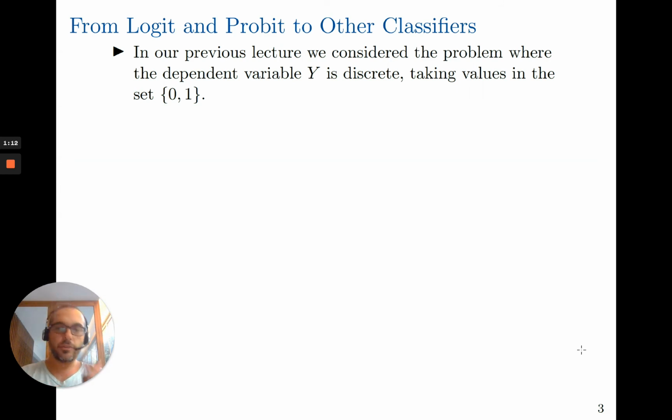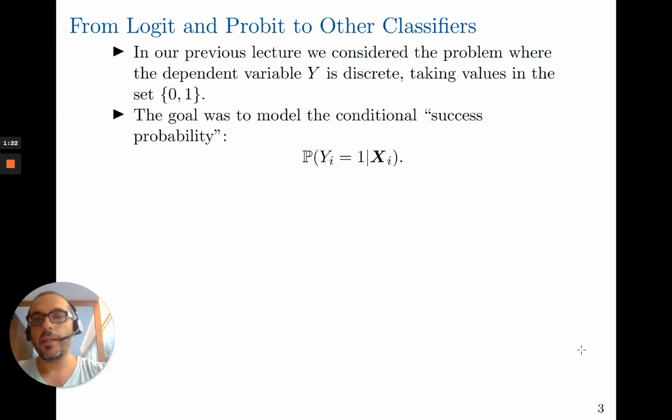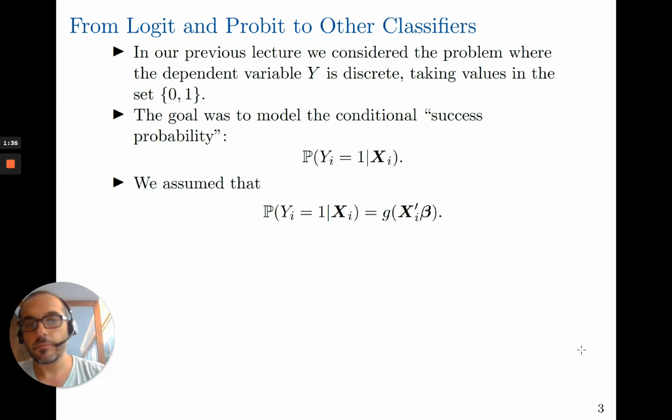We saw previously that when we have a dependent variable y that takes values in the set {0, 1}, the goal was to model the conditional success probability, so the probability of y being equal to 1 given a set of covariates.